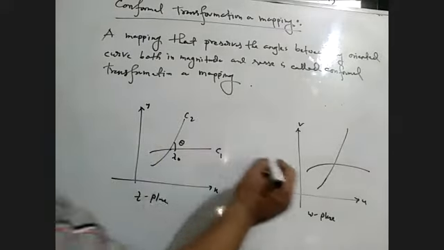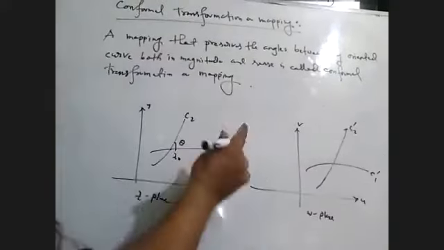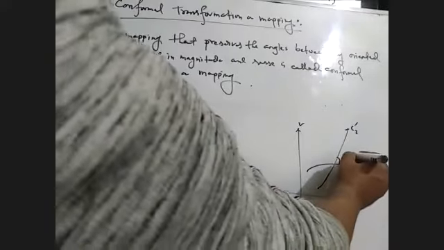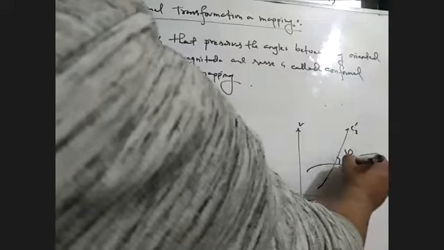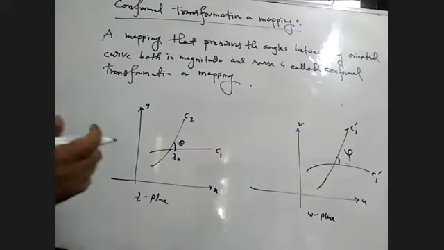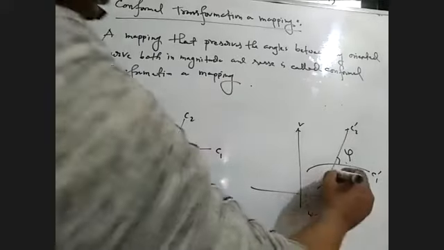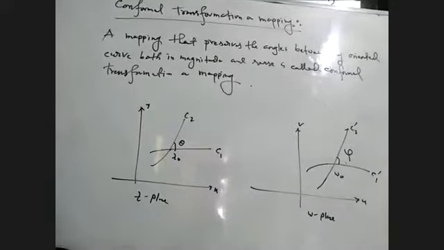Suppose for the C1 curve the image is C1 dash, and for C2 curve C2 dash, and the angle between them is phi. Here the angle is theta, and the intersection point is W0, and this is Z0.